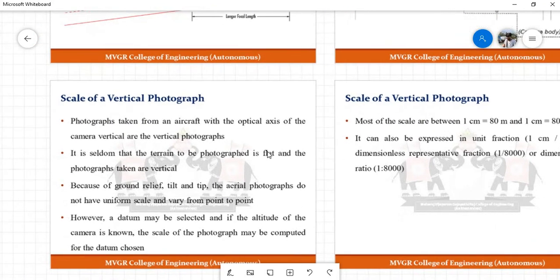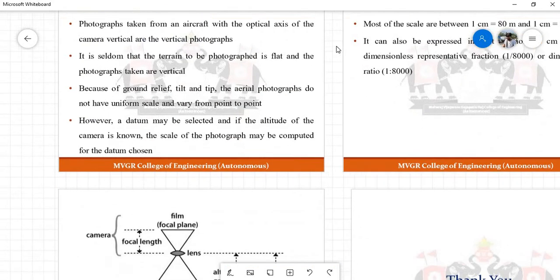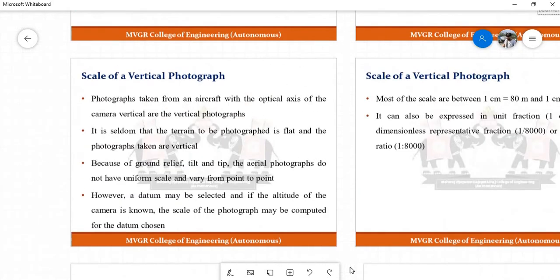And in the class we have derived a very important derivation, scale of a vertical photograph. Just look at the notes that I have described in the class. Please go through the derivation of scale of a vertical photograph. This is very important. And also we have discussed one more derivation in the class: after the scale of a vertical photograph, how to get the distance between 2 points from the photographs.